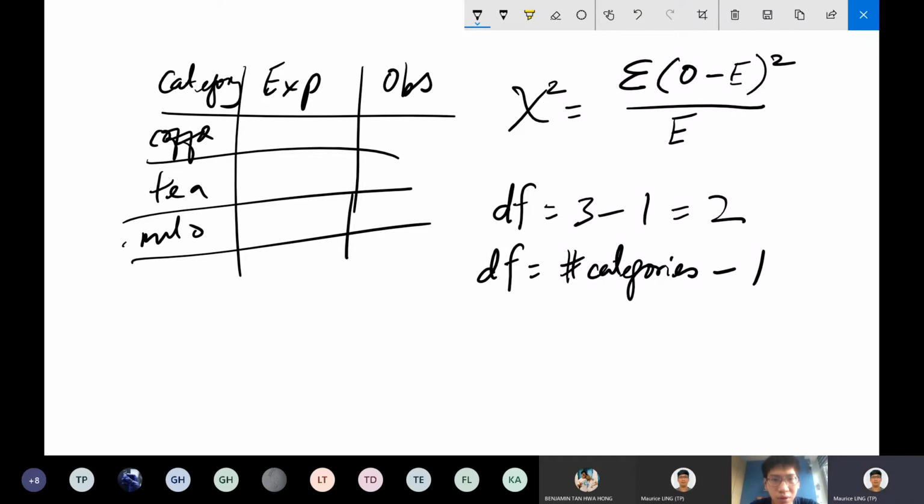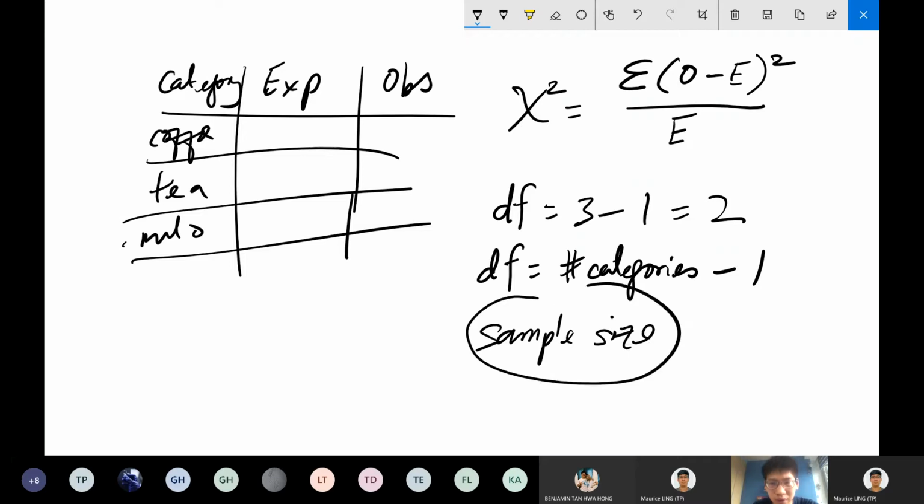So now Ben again. In this whole equation, do you have the sample size? Let's say the tea drinkers, Milo drinkers, and coffee drinkers add up to 105. Do you have any of this sample size inside the equation?